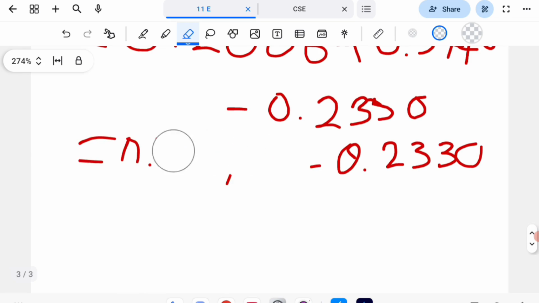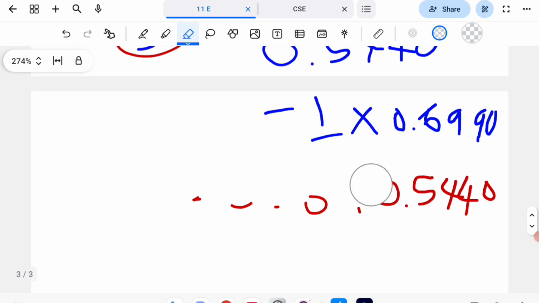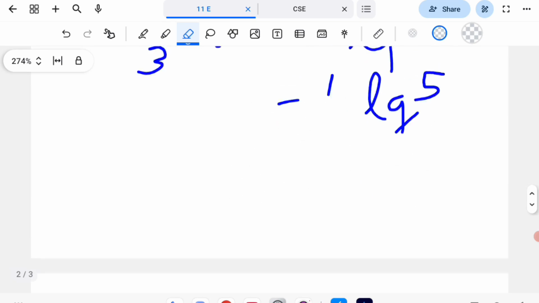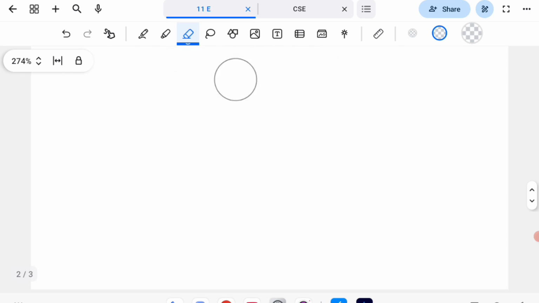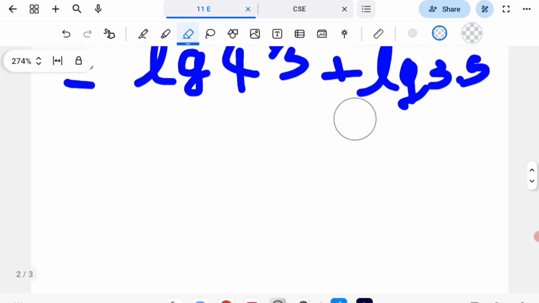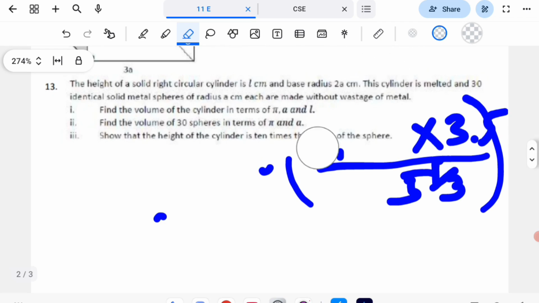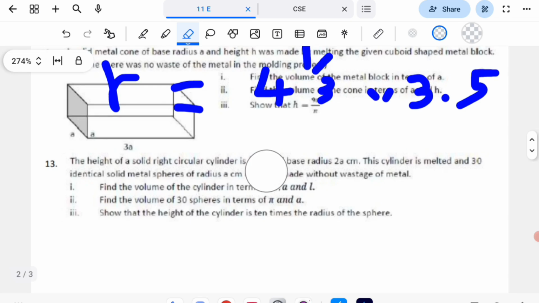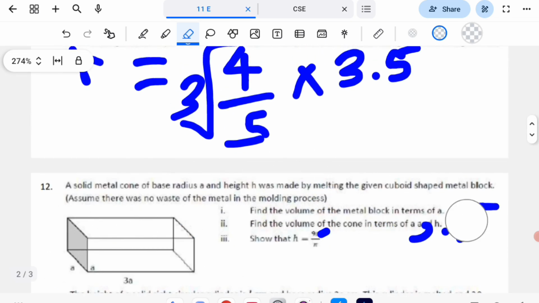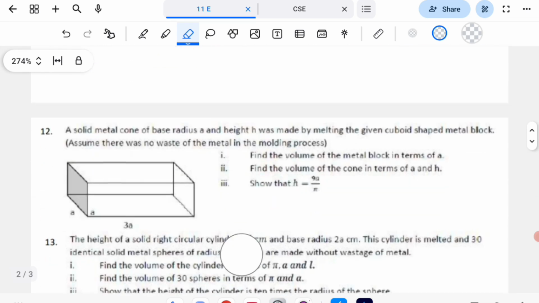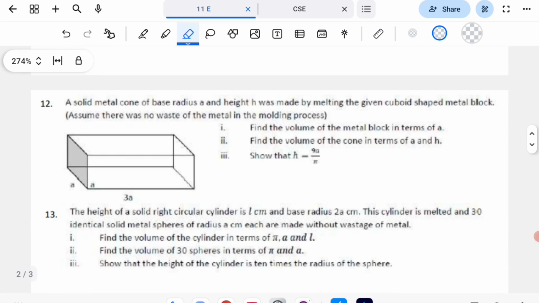The next question. Question number 12. A solid metal cone of base radius A and height h was made by melting the given cuboid shaped metal block.